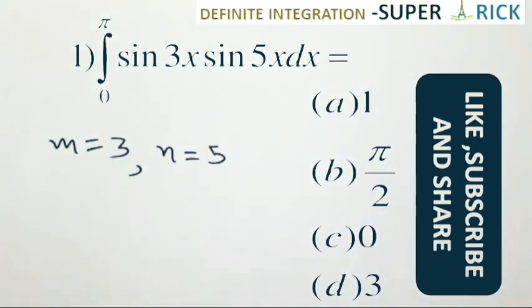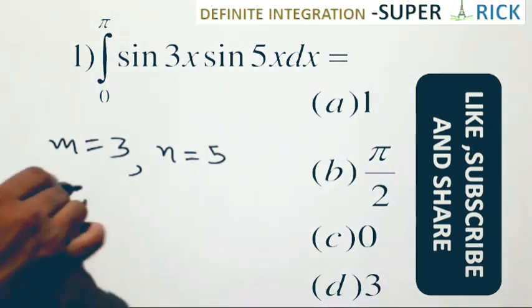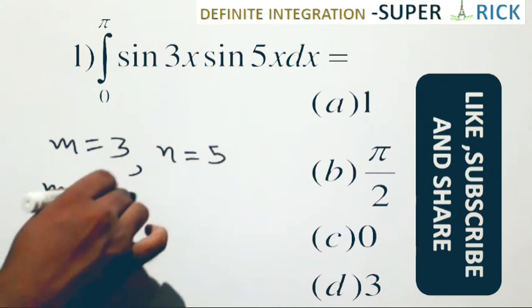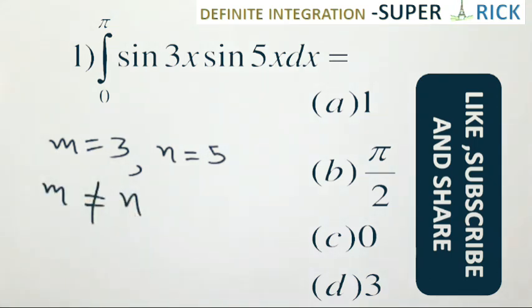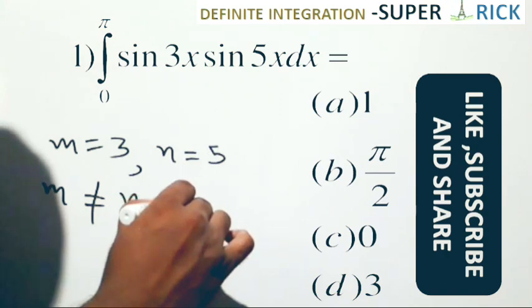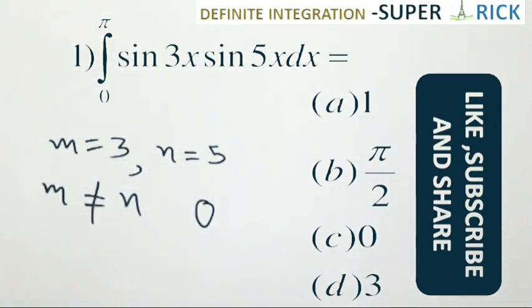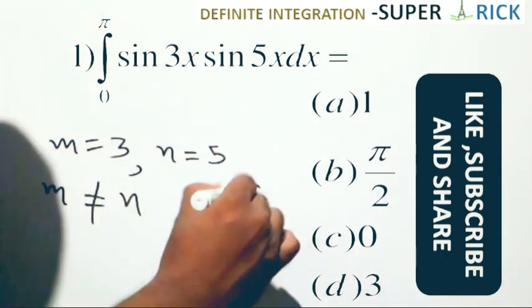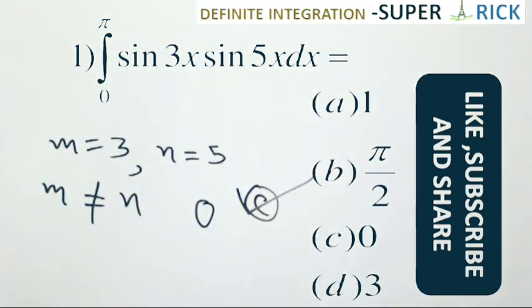So m is not equal to n. According to our trick, if m is not equal to n, then the value of the integration will be 0. So option C is the correct answer. Very simple.